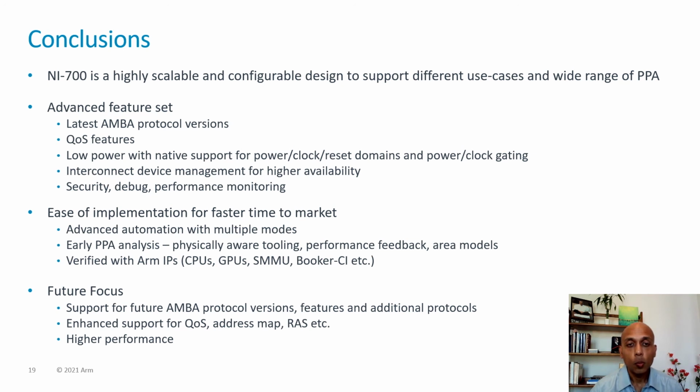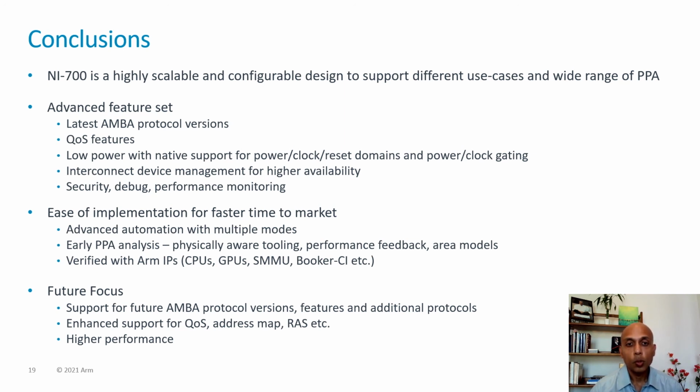Then my colleague Anup walked in detail through the different advanced tooling features which enable ease of implementation and faster time to market. He walked through the different advanced tooling modes that include a manual mode, auto-synthesis, scripted modes, etc. Early PPA analysis can be quite critical to determine whether a particular design meets your performance and area requirements.